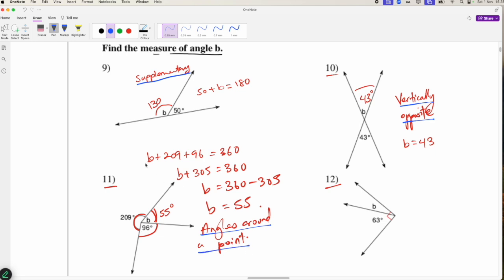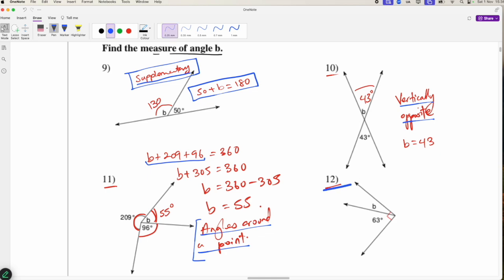Why did I add all of these? I didn't just add them out of thin air. This is the reason why. Why did I add this to give me 180? No, it's because they are supplementary. You must give the reason or you will lose marks. You will get marks for the reason.